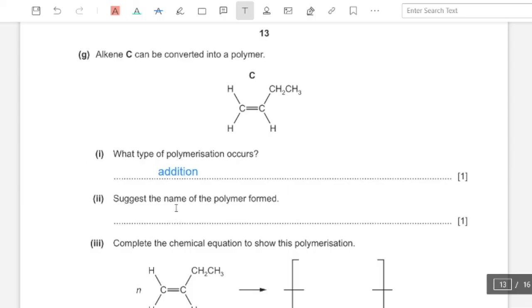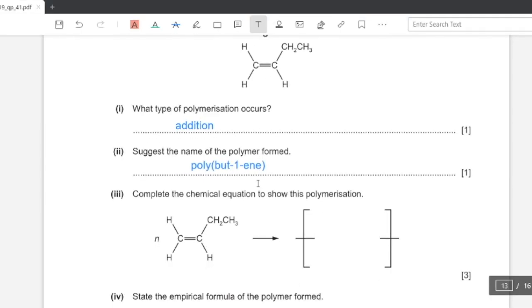Well, it forms poly, and since this is butene, this is going to be polybutene, but we are also supposed to be mentioning the position of the double bond, and since this double bond is with the first carbon atom, we're going to be writing this as poly(but-1-ene), which tells us that the monomer had the double bond with the first carbon atom.